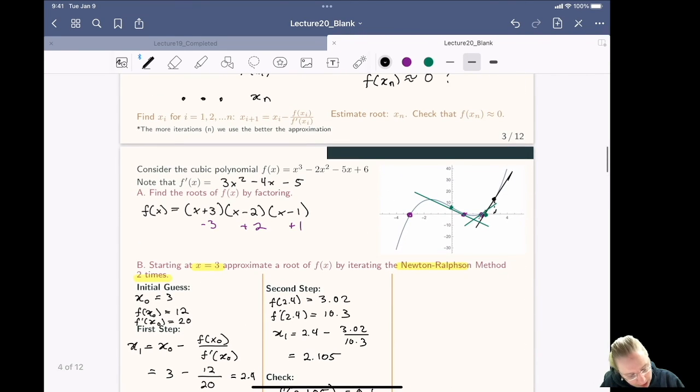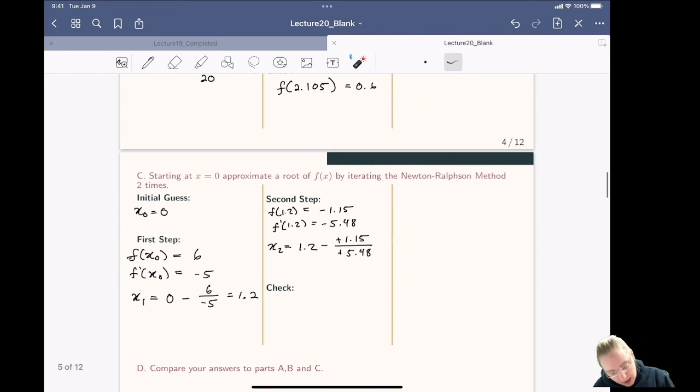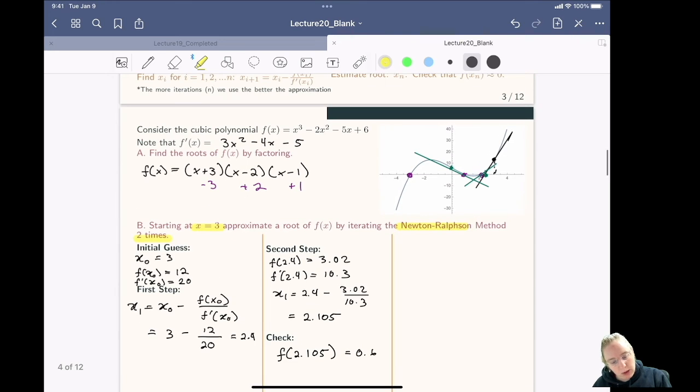All right, so we ended up overstepping our root, and now we're going backwards just a little bit, and we get x2 is equal to 0.98.